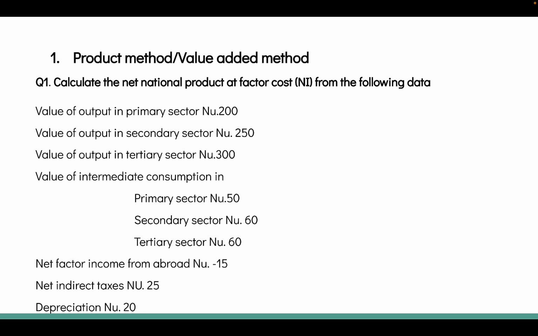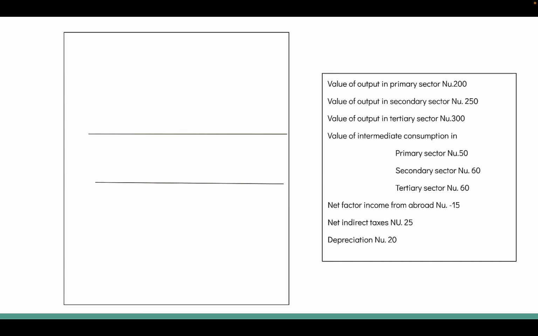So here we have to calculate the national income by using the product method. When it comes to the calculation of national income by using the different methods, the first thing is we should be able to identify the components. So let us go to the solution part. First step, we add the values of final goods and services produced by all the sectors in an economy.